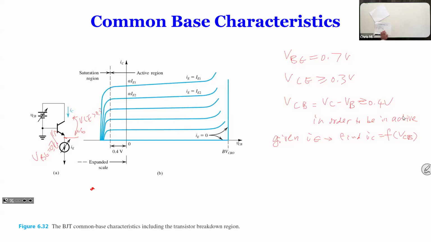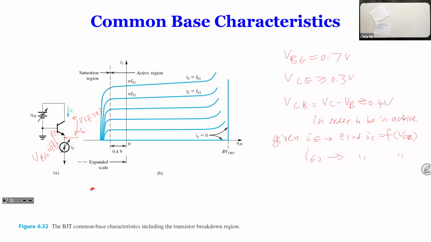As you can see, as VCB increases, IC actually is almost constant, because that's a characteristic of this BJT. And if we change VE, again, you find VCB.